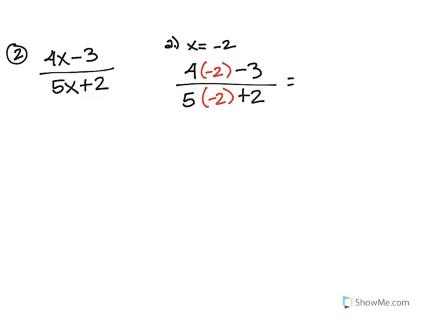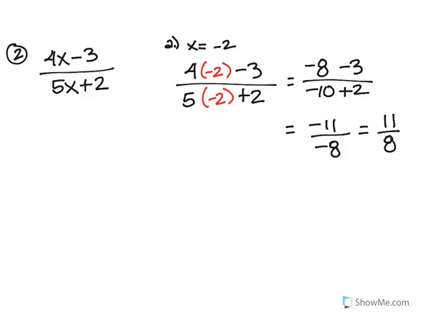And so that would give us multiplication. -2 times 4 is a -8, minus 3 on top. And then 5 times -2 is -10, then plus 2 on the bottom. So -8 minus 3 will give us a -11. -10 plus 2 is -8. And 11 over 8 doesn't reduce, but we will make that positive 11/8.